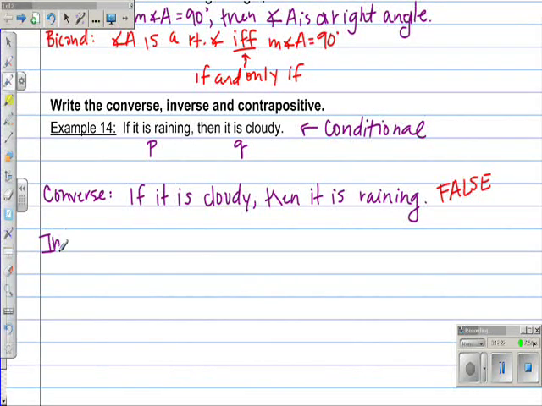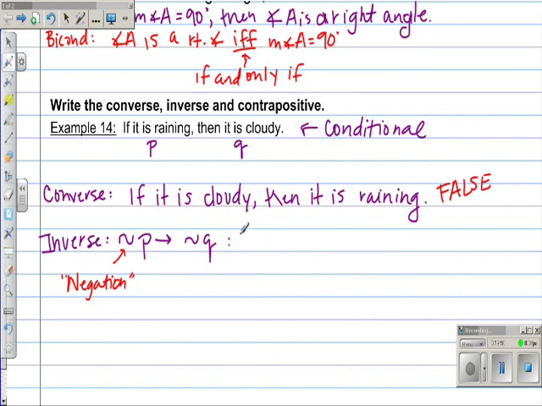Now the inverse would be the opposite of P implies the opposite of Q. Okay? So this little squiggle line right here just means negation. So that just means the negation of P implies the negation of Q.